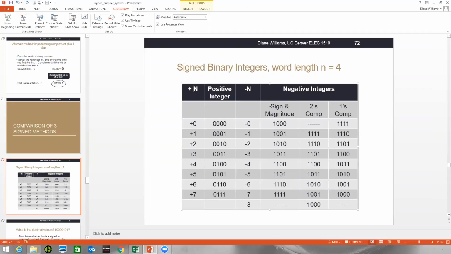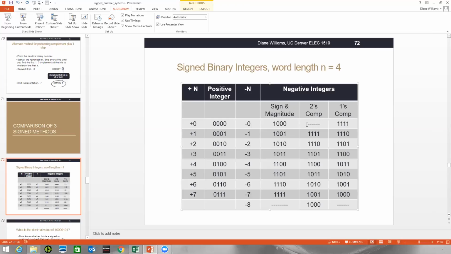Sign magnitude, so sign plus magnitude. For negative 0, this is sign plus magnitude. This is -1, -2, -3, and so on. So here is how we represent this with sign plus magnitude form. Using 4 bits, we cannot represent the number -8 with sign magnitude.